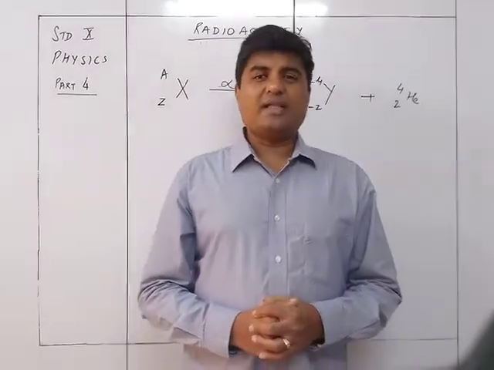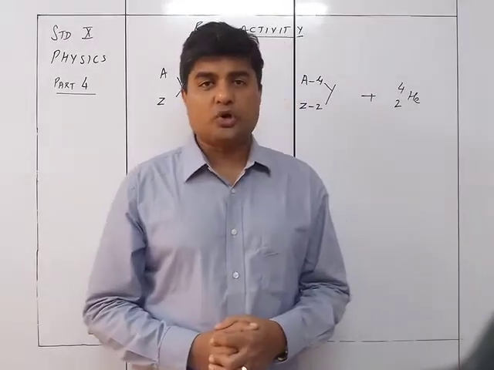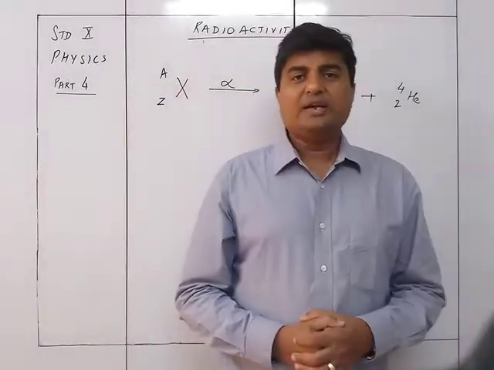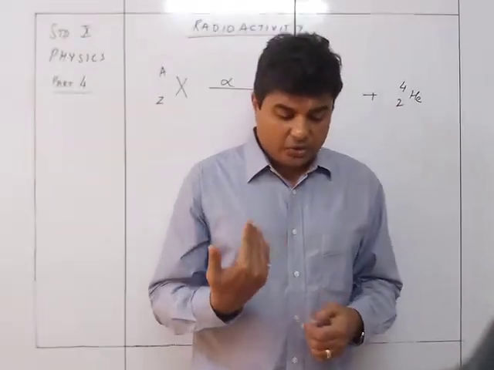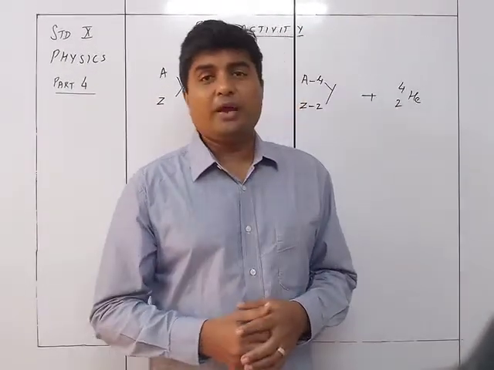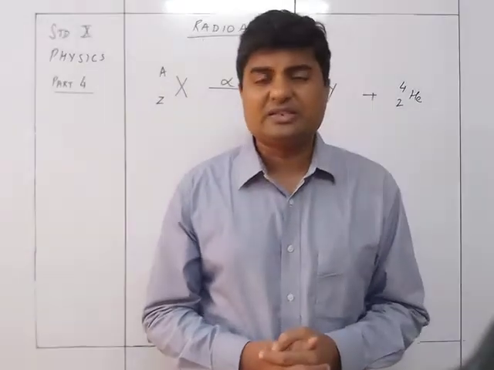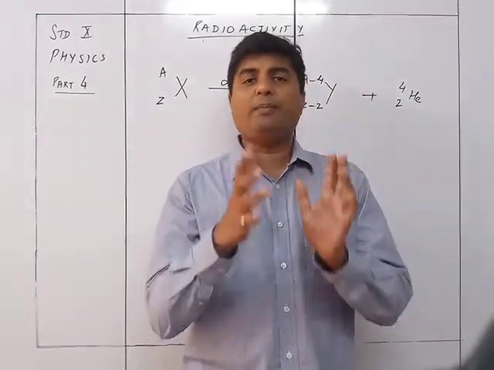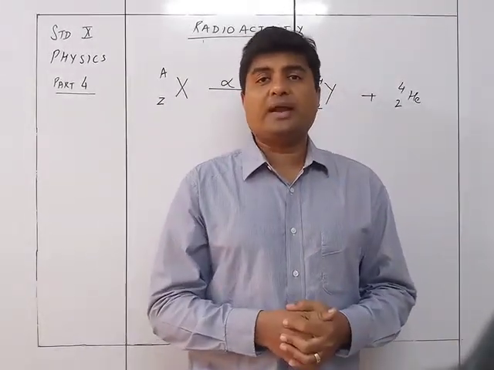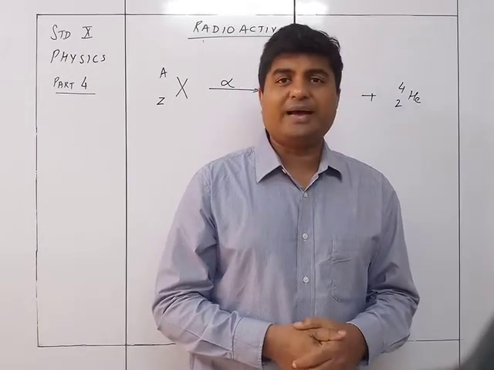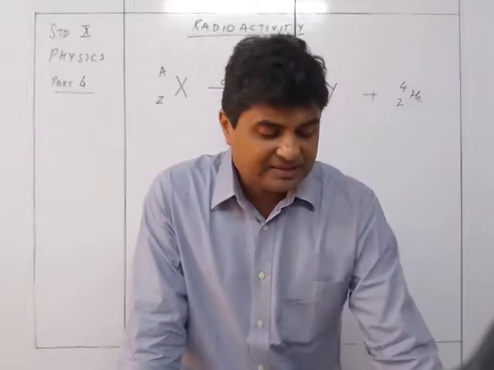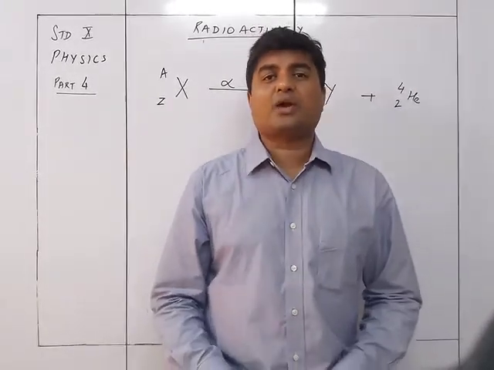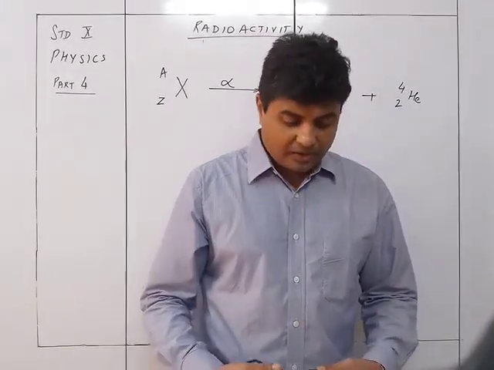So that's what they are saying: if there is a huge difference between the number of protons and the number of neutrons, it becomes an unstable nucleus, and such an unstable nucleus is going to emit 2 protons and 2 neutrons as a decay, and that is called an alpha particle. A stream of such particles is called alpha rays.